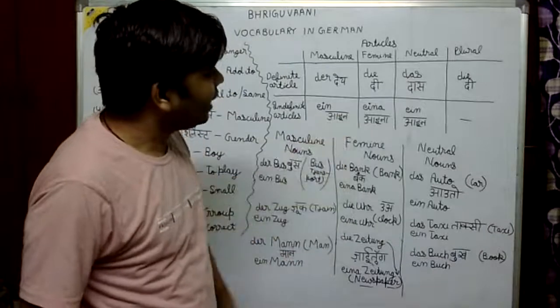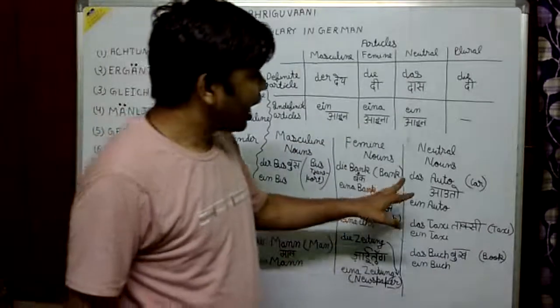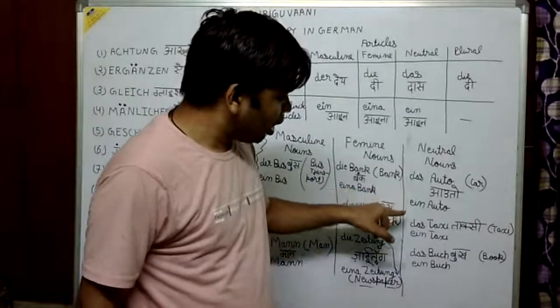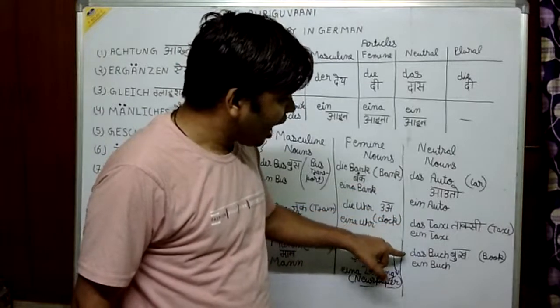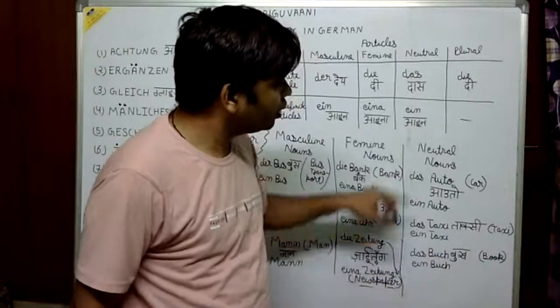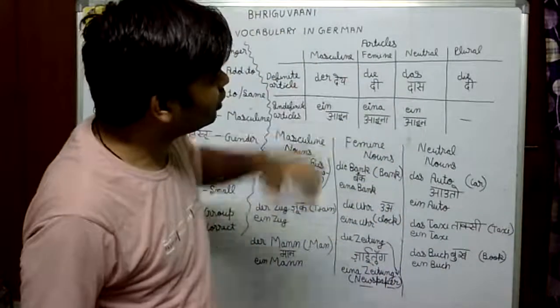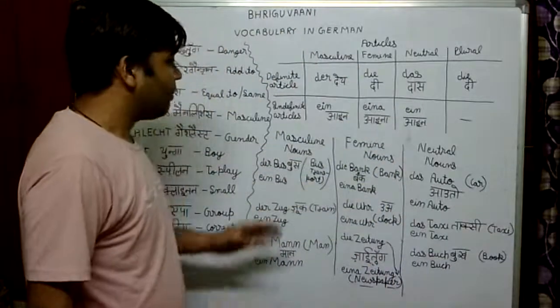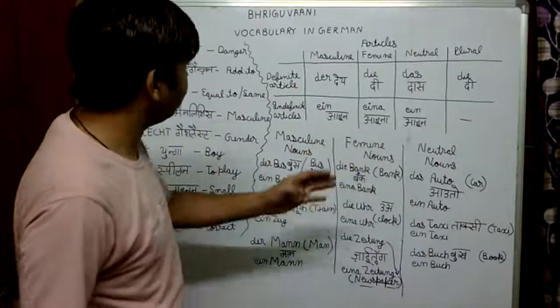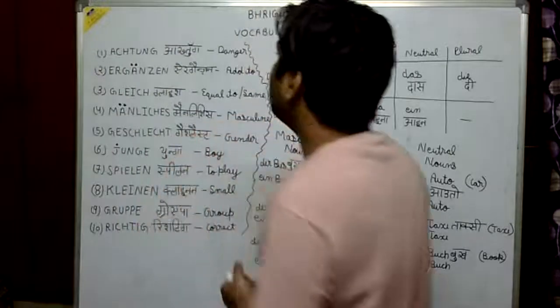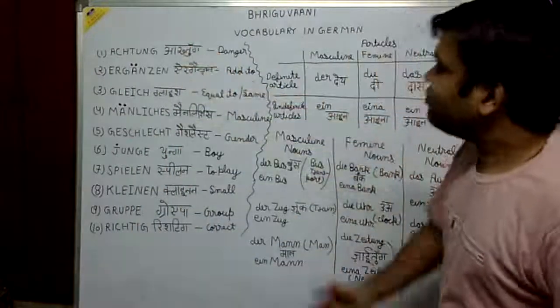These are the feminine nouns. And das Auto, ein Auto. Das Taxi, ein Taxi. Das Buch, ein Buch. These are the neutral nouns. Okay? Masculine nouns, feminine nouns, neutral nouns.